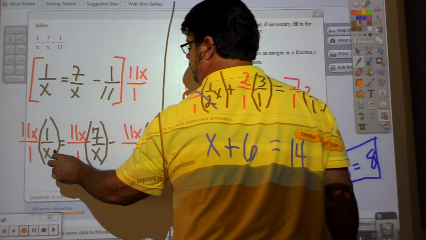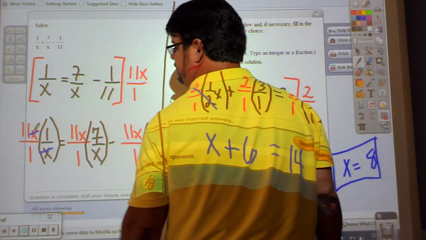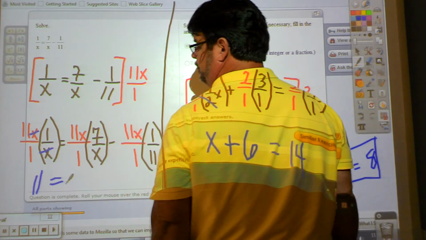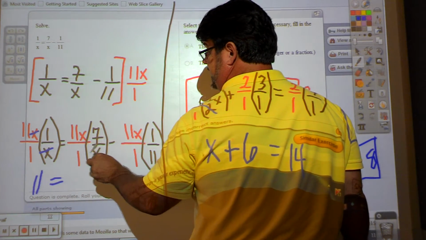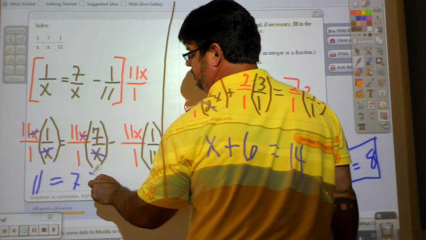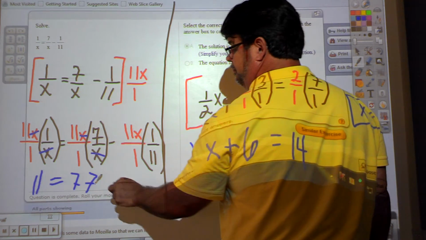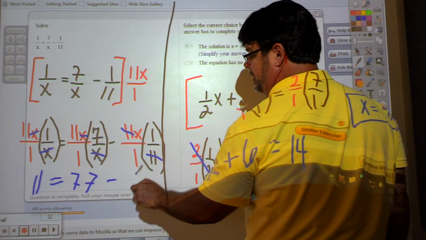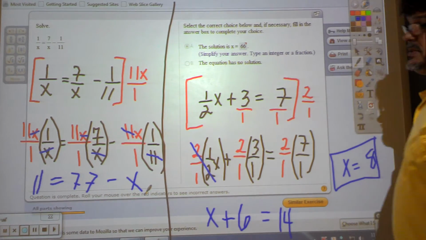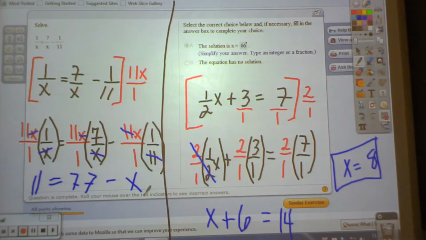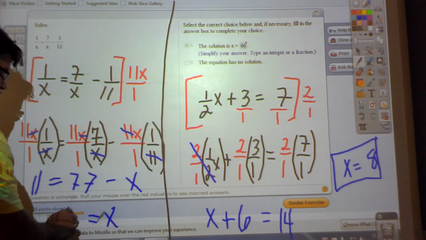What happens here? Cancels. What are you left with? 11. X cancels. What's 11 times 7? What happens here? You're left with... and x is equal to what? The negative 66, and then divide by a negative 1, x is equal to.